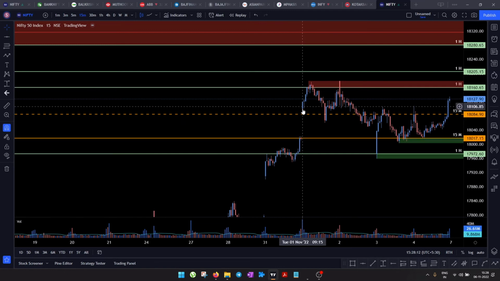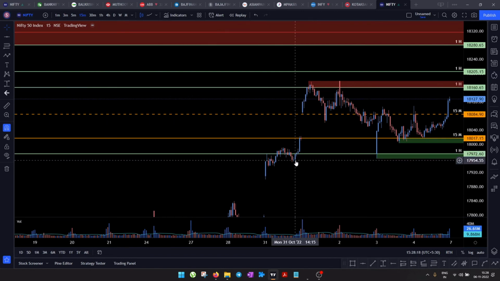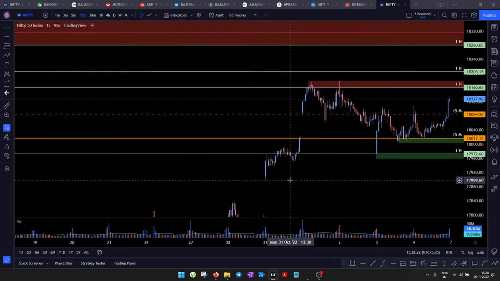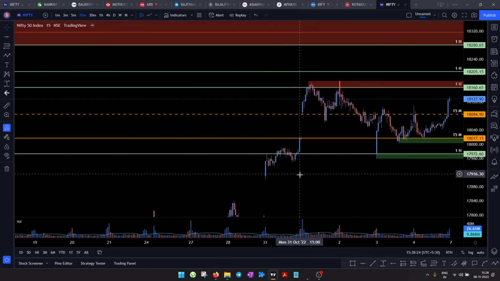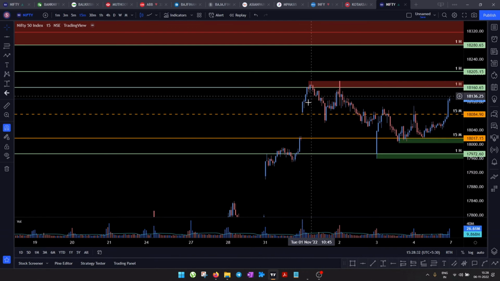But actually this gap up took away my stop losses, and I was long from these, in fact this area around here, right? 17800, 17900 area, these two strikes I was long. I had sold puts, so those covered a bit of my losses. But then still, this price action is very, very strong, and thank God I exited at the open itself.